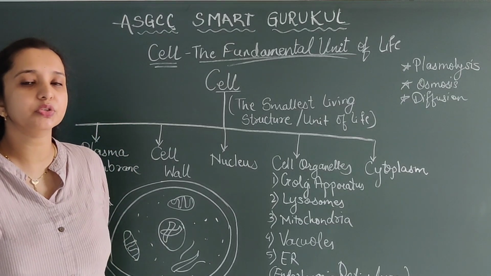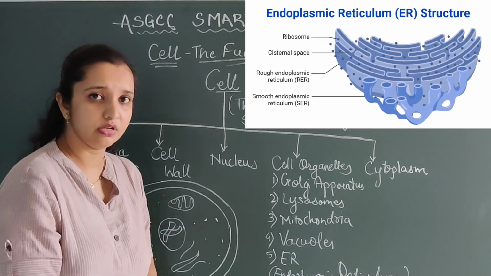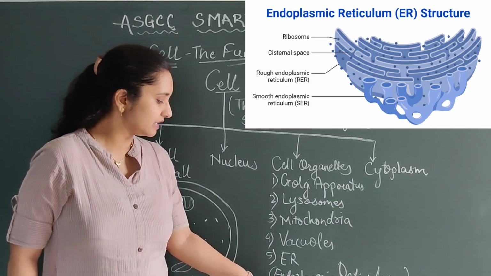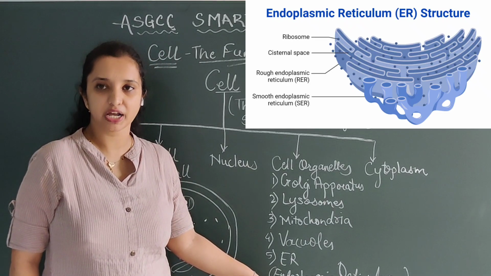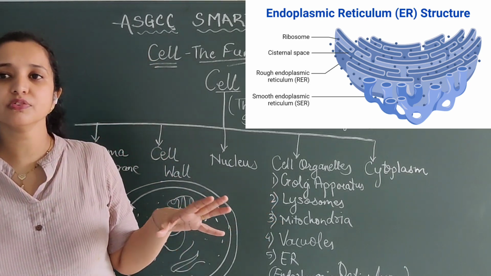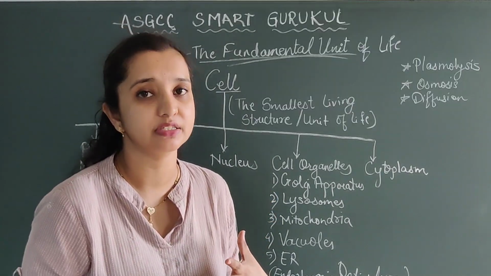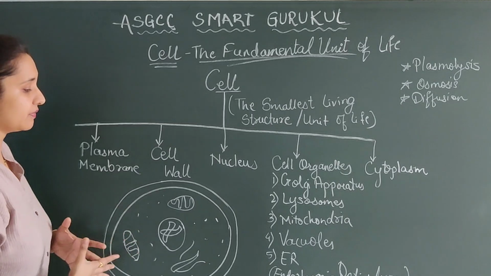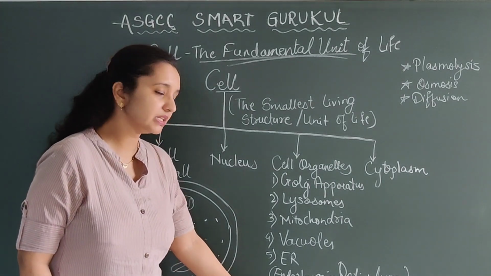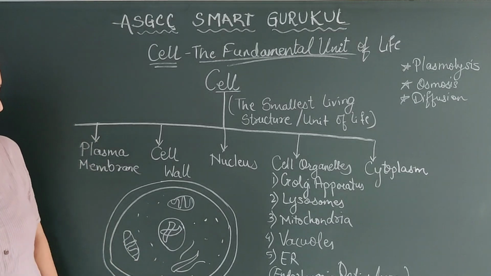Rough endoplasmic reticulum is related to ribosomes. Okay, ribosome is a different concept. So for now it is enough that RER is related to ribosome. In rough endoplasmic reticulum, it performs the function of synthesizing proteins. What does it do? It performs the function of synthesizing proteins. And SER similarly, smooth endoplasmic reticulum.